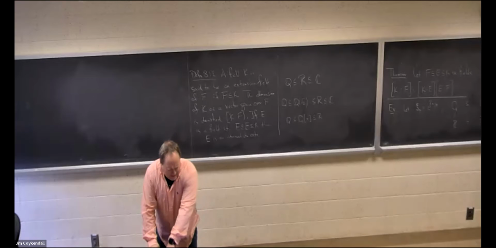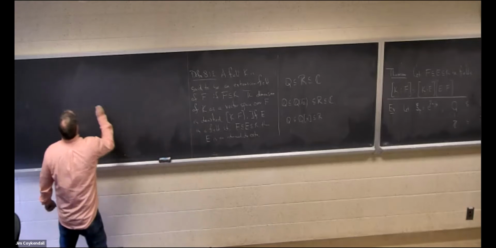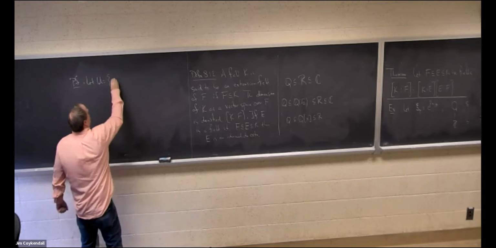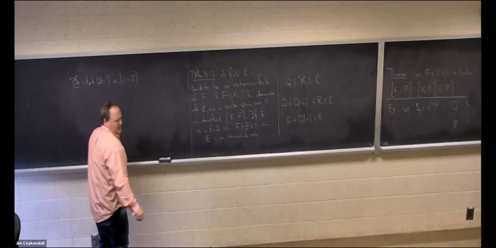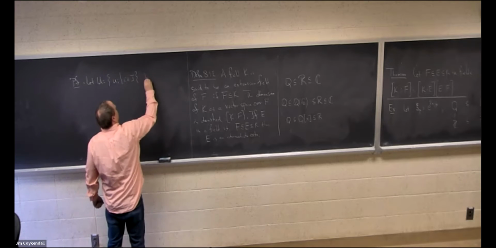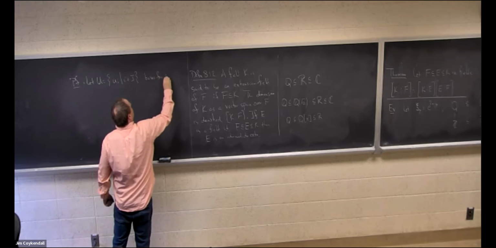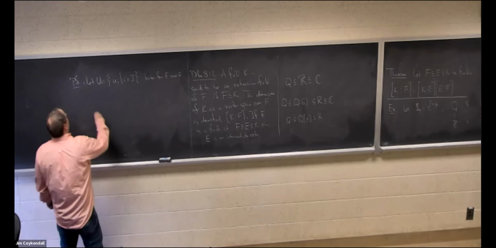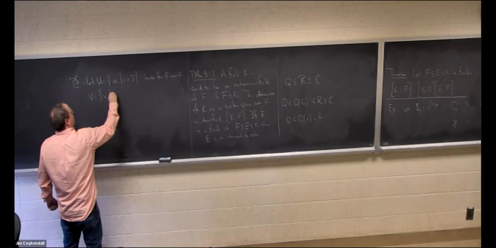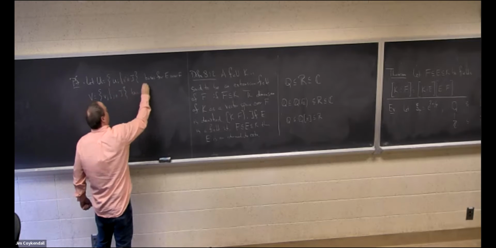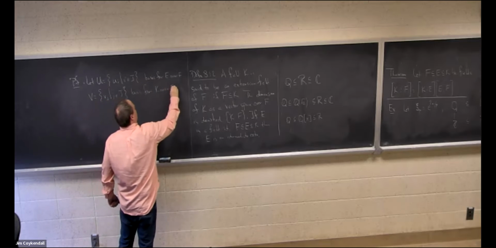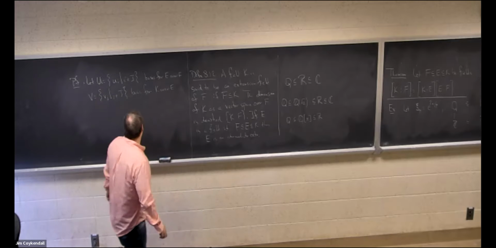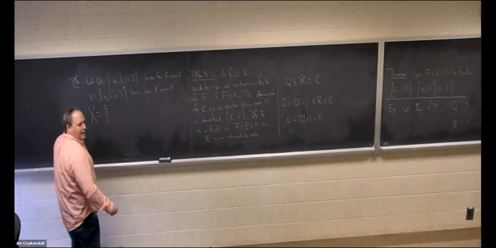So let the U_i be a basis of E over F, and we need a basis for K over E. Now what we want to do is, this is quite a surprise here.